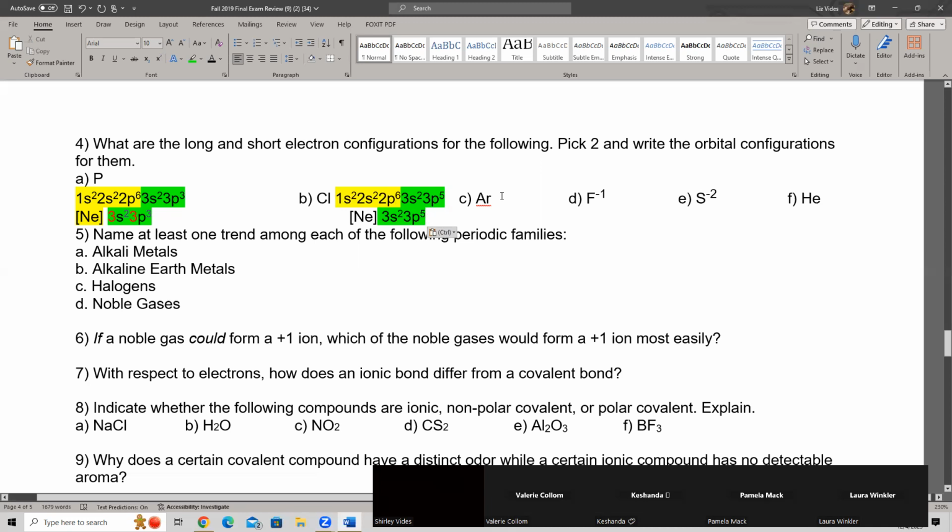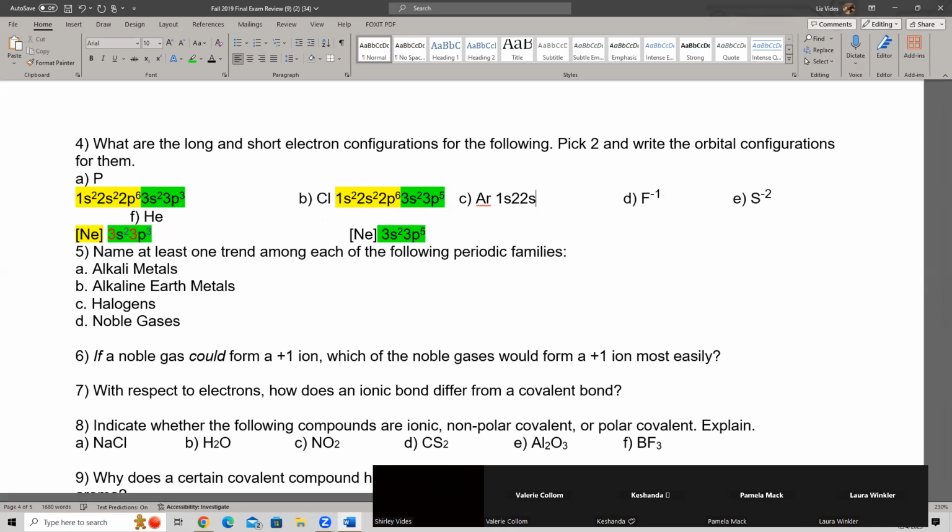Okay, so argon is going to be 1s2, 2s2, oops, sorry, 2p6, 3s2, 3p6. All right, so this one is argon. Argon is still also on the 3rd level.